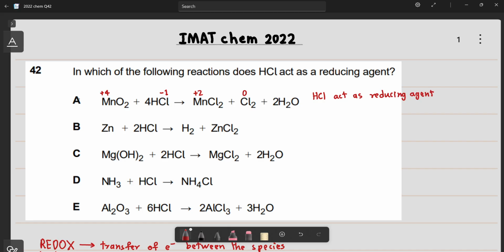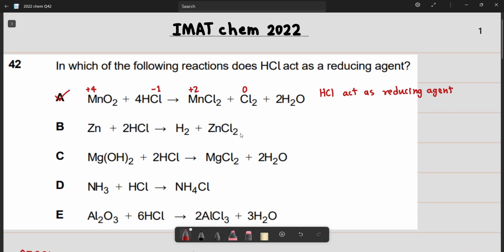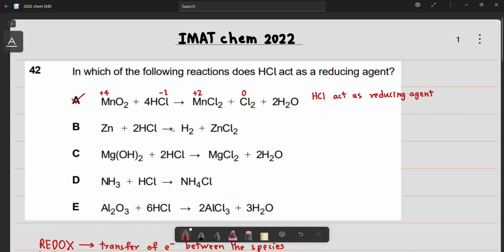Okay, so this was pretty quick. The correct option is option A, but I'm still going to go through each option so that we can have a clear look at what hydrogen chloride acts as in these other reactions. The second one we have is zinc plus hydrogen chloride giving hydrogen gas and zinc chloride.